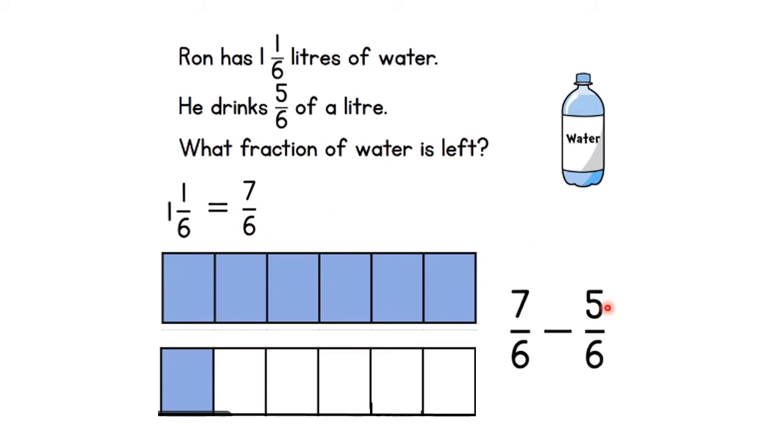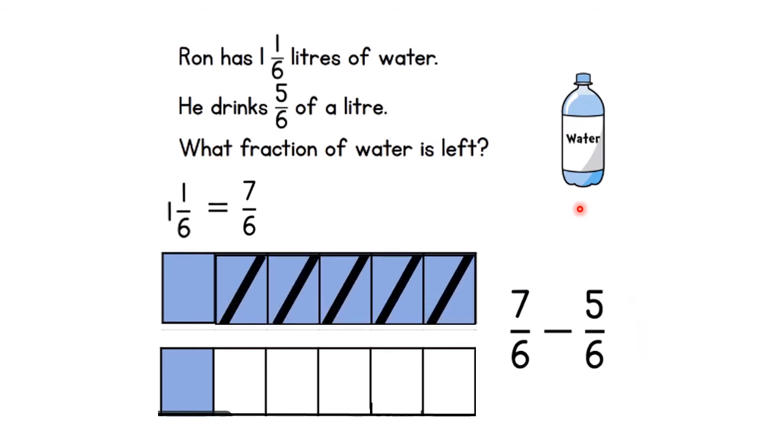So then we will do 7/6 subtract the 5/6 he's drunk. And we are left with 2/6. Now, we can simplify that down further to 1/3.